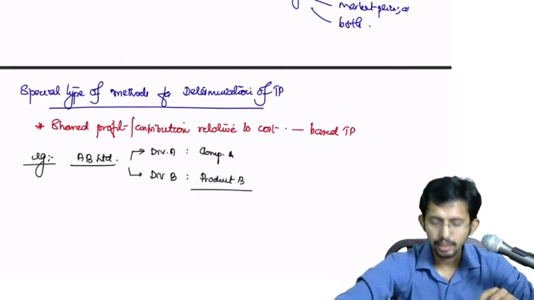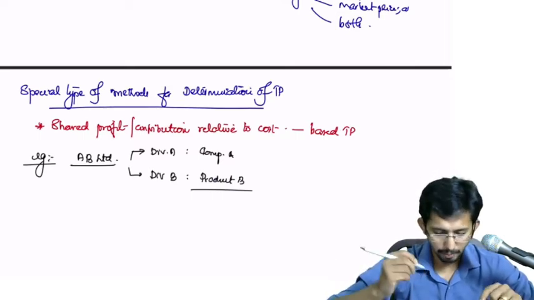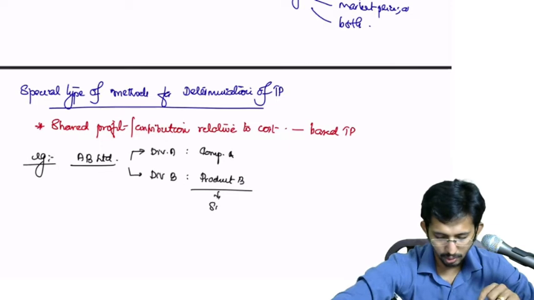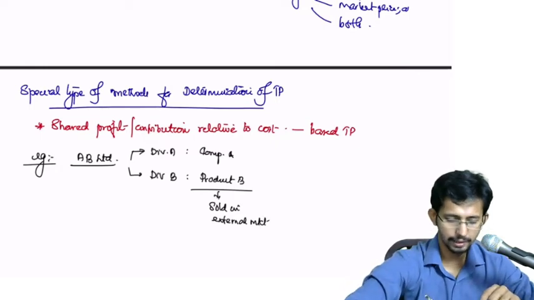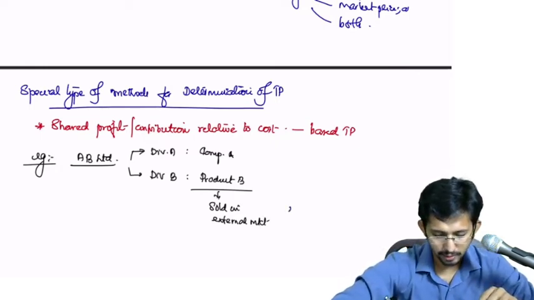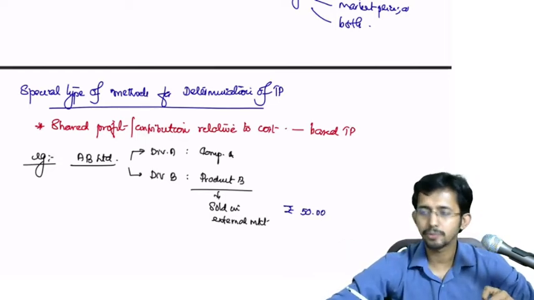So ultimately what is being sold is product B. It is sold in the external market at rupees 50 per unit.